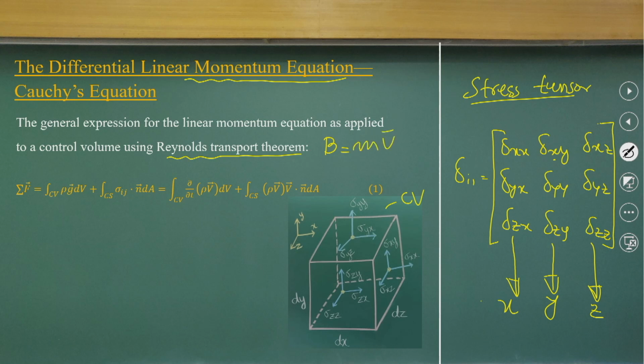Mass into velocity, when you apply it, I get the same form as discussed in the Reynolds transport theorem: the sum of the forces equals the rate of change of the momentum within the control volume plus the net outflux of momentum flux passing through the control surface. This is the Reynolds transport theorem, as we discussed in more detail in the Reynolds transport concept.